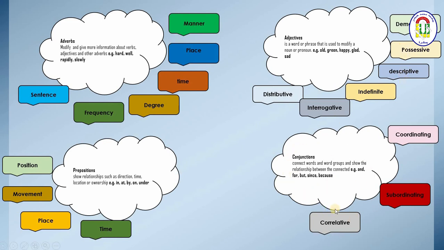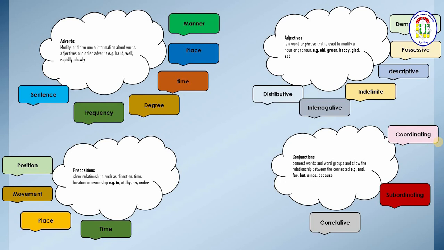Conjunctions. The conjunctions are used to connect words and word groups and show the relationship between the connected. They can be of three types. They can be coordinating, subordinating, and correlative. Coordinating joins two classes of words, two phrases of the same level, and two clauses in one sentence.